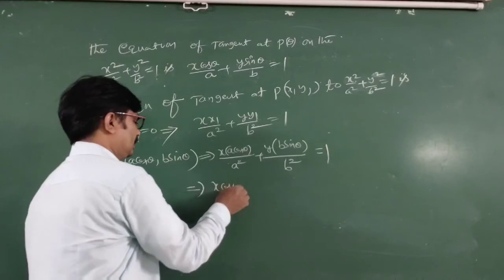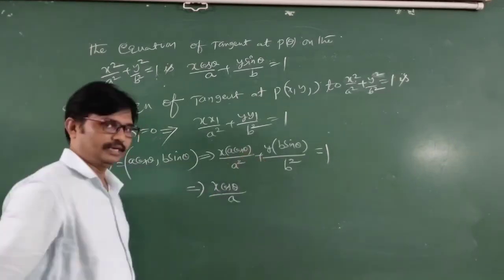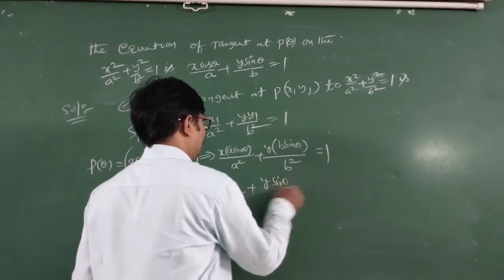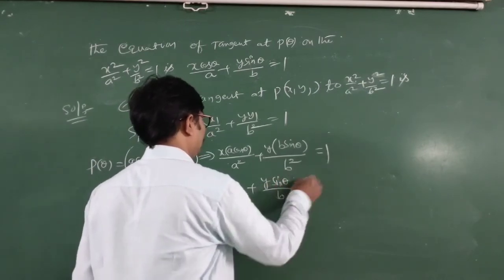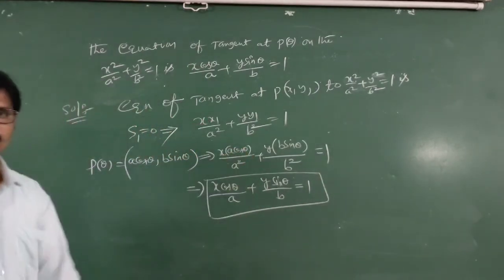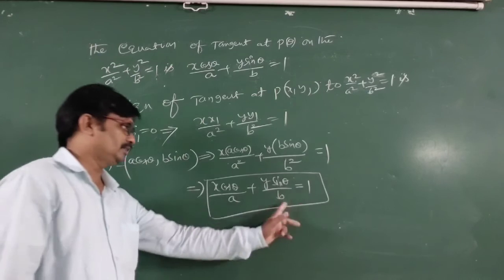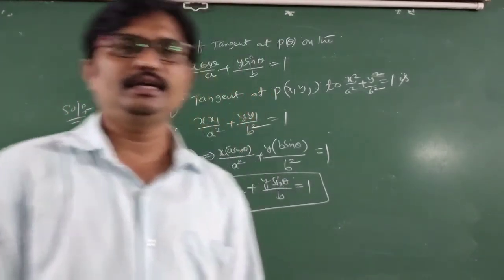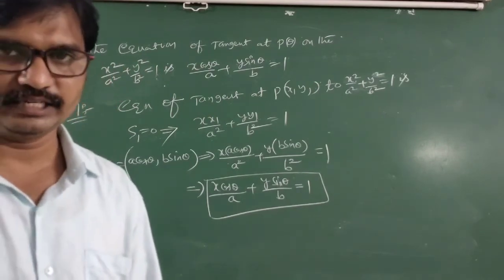Dear students, x cos theta by a plus y sin theta by b equal to 1. This is the equation of the tangent.